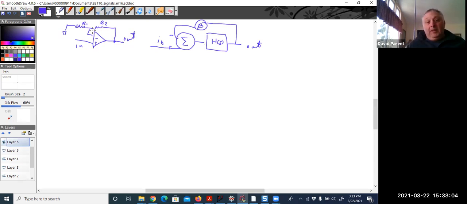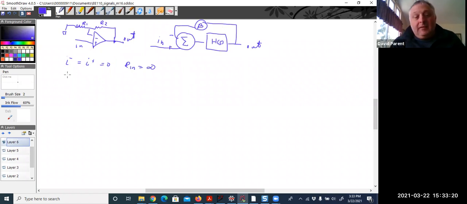Now, what is beta? Well, if you assume that I minus equals I plus equals 0, because Rin is infinite, right? Then really this spot here is just the voltage division, Vx, right? But Vout is the supply.